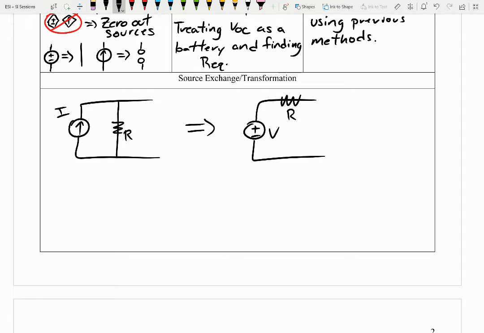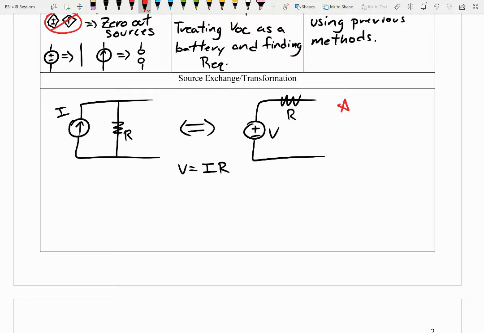Okay? And we can go back and forth between these. So, if we see there's a battery in series with a resistor, we can turn it into a current source. That's fine. And the way we go back and forth between these is going to be our Ohm's law equation, that V is equal to IR. So take what you have, find out what you don't have, change it up.